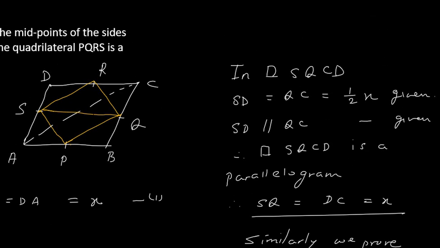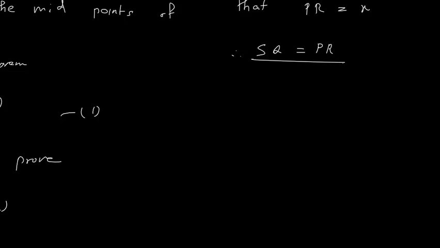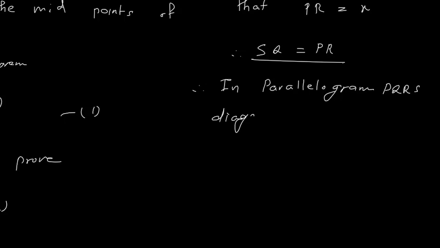Now in parallelogram PQRS, the diagonals are equal in length. Therefore, this PQRS is a rectangle.